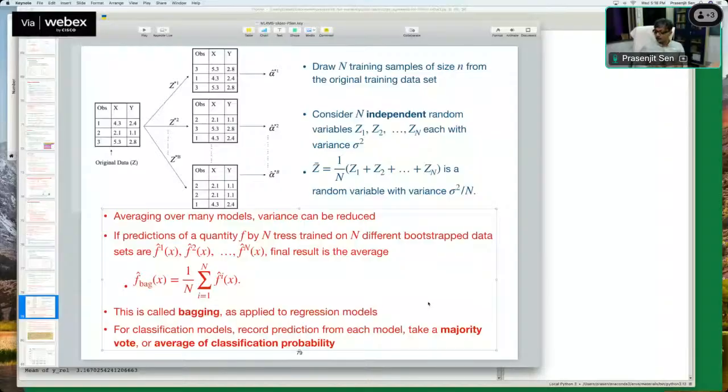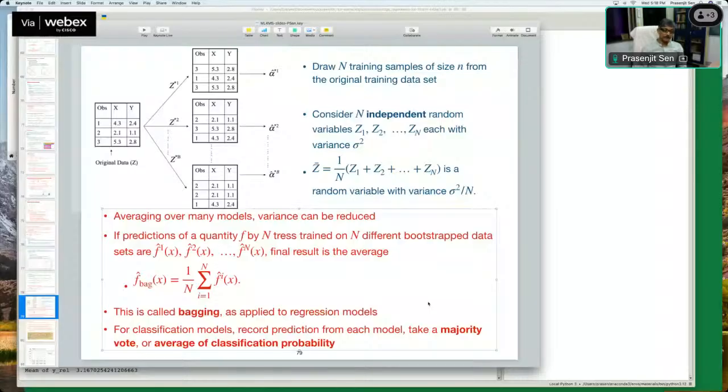So if I could train a large number of models, make different predictions, and take an average, although each model would have large variance, the variance of the averaged prediction would reduce by a factor of n if I have n models, provided the models are not correlated, they are independent.